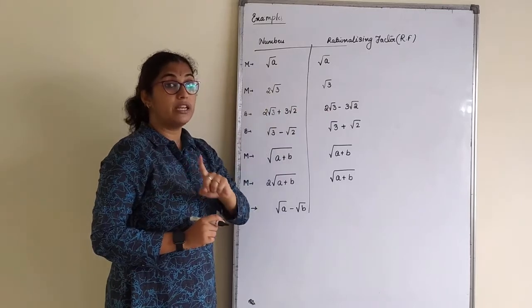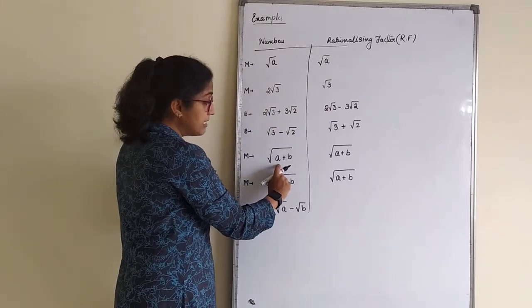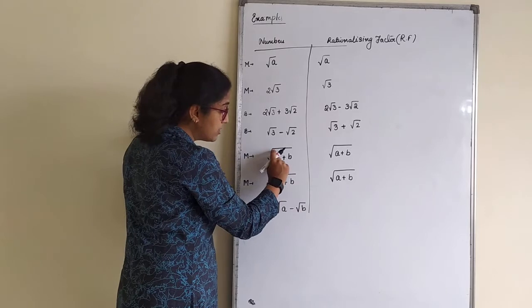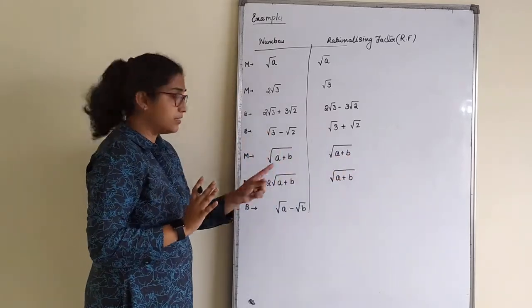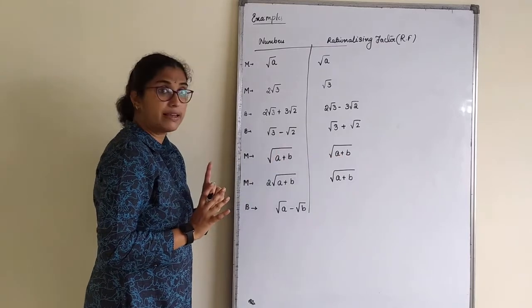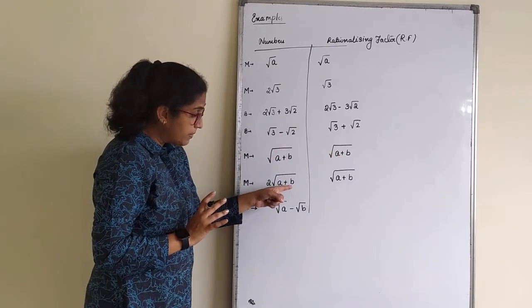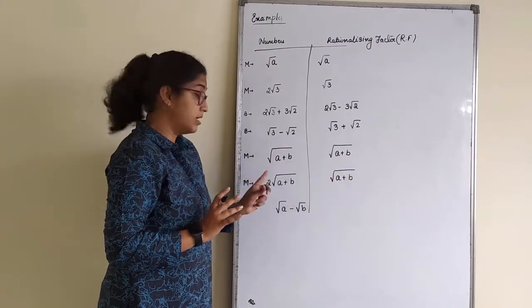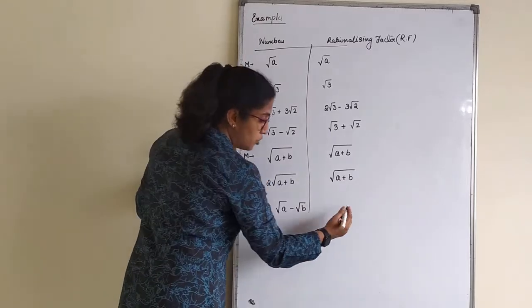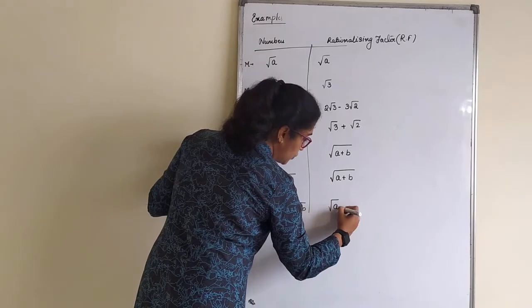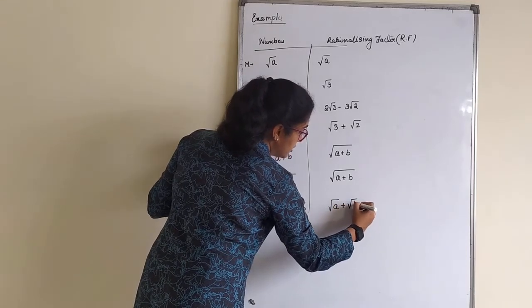In monomial, the coefficient will not come. This is a monomial because it is a whole root. The answer is as it is, root a plus b. Whatever is here, the same will come. But the coefficient will not come. Root a minus root b, the answer will be root a plus root b.